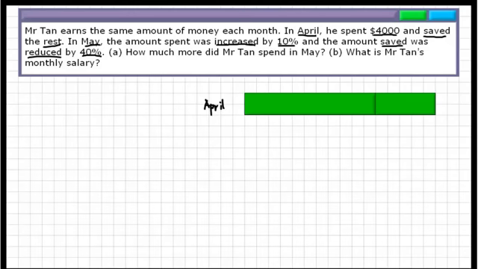Savings and spending. Spent, saved. And this would be $4,000.